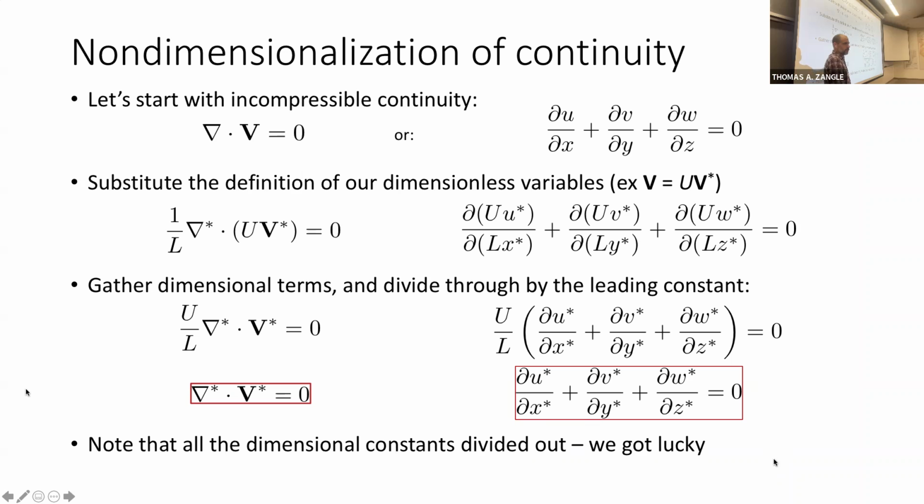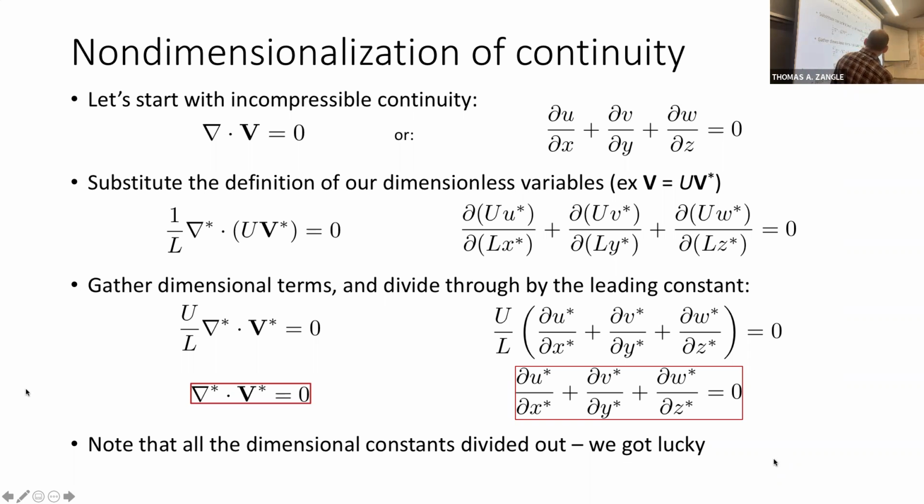So we got a little lucky on this one. We didn't end up with any new pi groups from this analysis, and we ended up with a dimensionless form of the continuity equation that doesn't have any coefficients involving the variables that are left. This does not always happen, okay? But in continuity, it does. So this is the dimensionless form of the continuity equation.